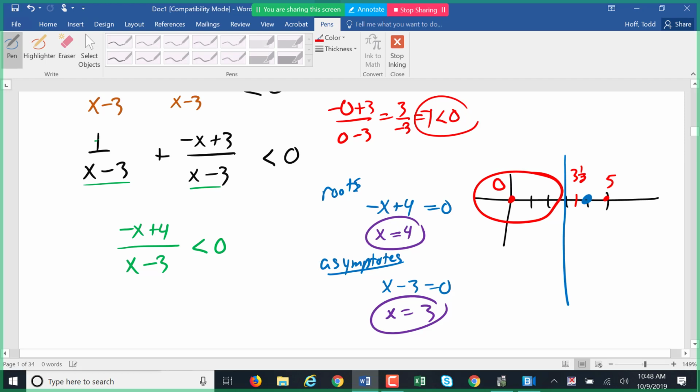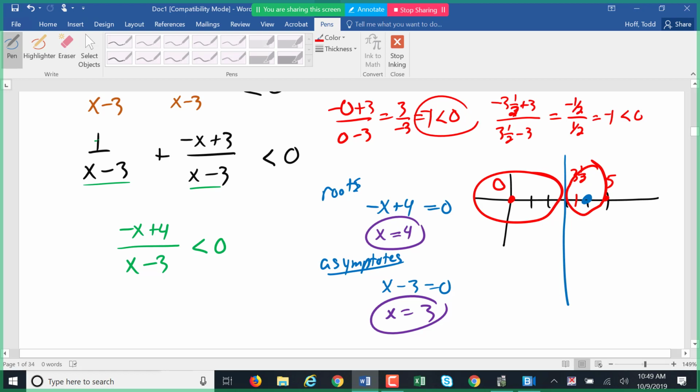Test the 3.5. Well, negative 3.5 plus 3 over 3.5 minus 3. Negative 3.5 plus 3 is negative 1/2. 3.5 minus 3 is a positive 1/2. That's a negative 1. That is still less than 0. We're true in there as well.